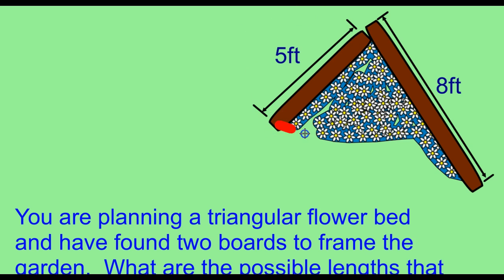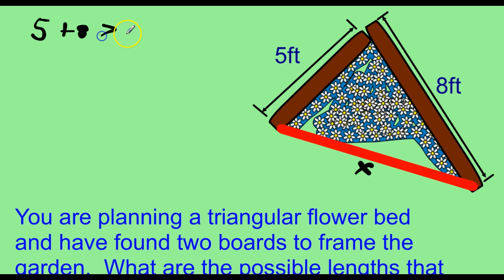So this side right here is going to be X. And I know that 5 plus 8 must be greater than X. That's how I'm going to write out the inequality. So 5 plus 8 is what? 13. 13 must be greater than X.